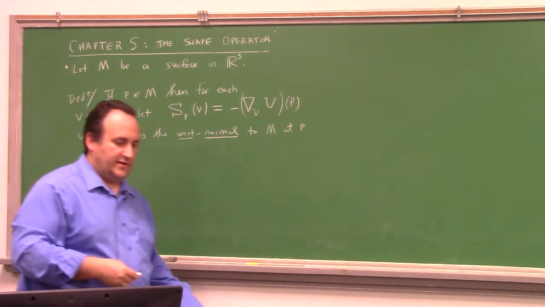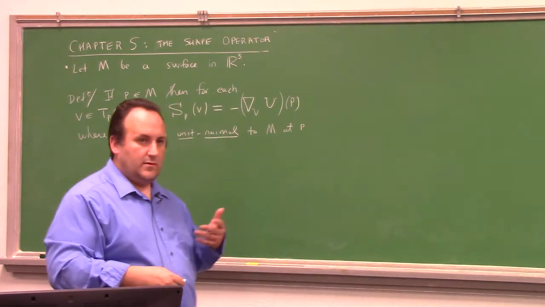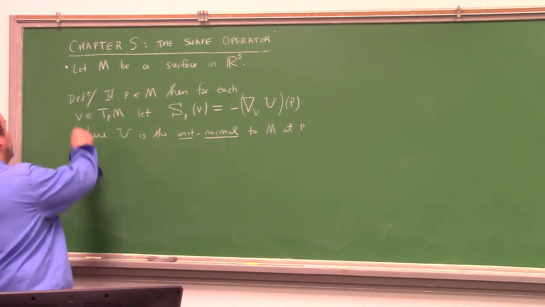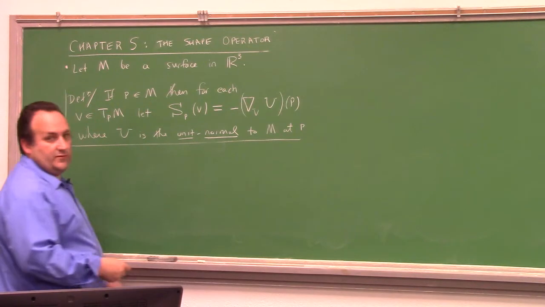So what can you tell me about how we would construct the unit normal? It kind of depends on how the surface is given. There are two basic strategies. So what are the two ways?